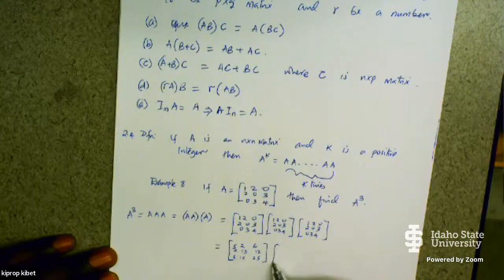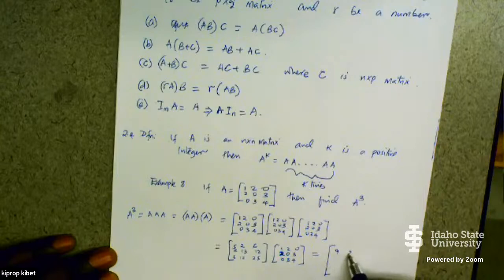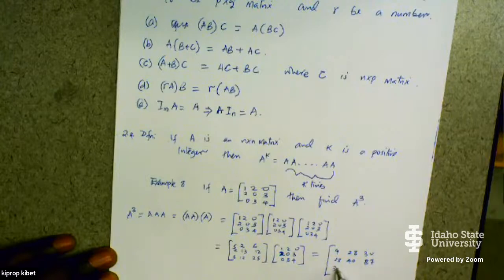And then you come now and multiply by 1, 2, 0, 2, 0, 3, 0, 3, 4. And finally, what you get here is 9, 28, 30, 28, 40, 87, and then 30, 87, 136.